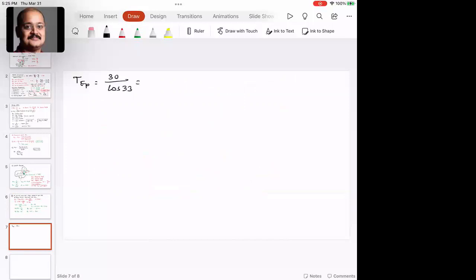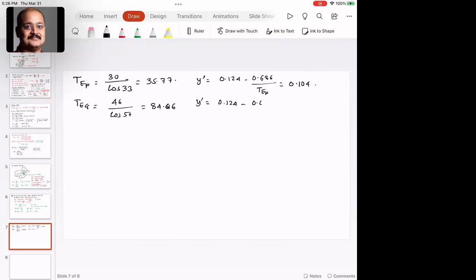Cosine 33, 5.77. 46, y prime. And what we should do is ideally we should do sigma O times y prime for gear.